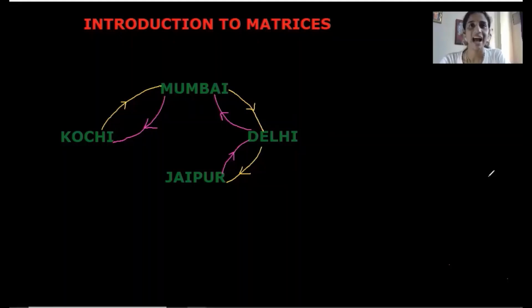Rows are the arrangement of data. It can be data, it can be any facts, it can be anything. The arrangement of numbers, data, or facts in a horizontal manner. A horizontal line means a line which is parallel to the surface. Okay. In the same way, columns.